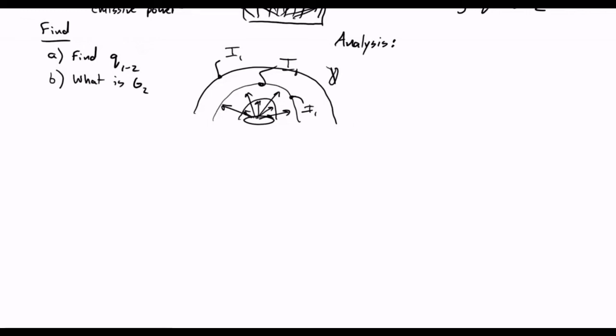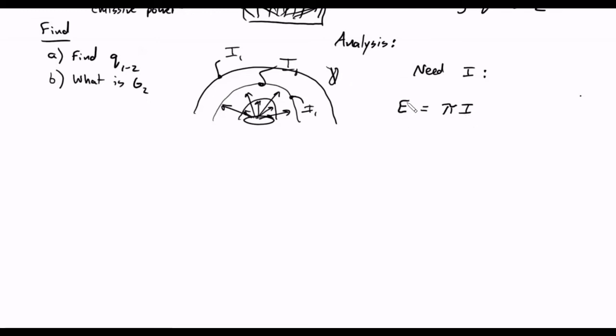Okay, but first, we need to get the intensity. So we need the intensity. We were given emissive power. So how does emissive power relate to intensity? Well, we showed in class that it's actually just equal to pi times the total intensity.